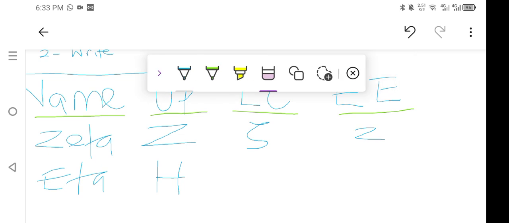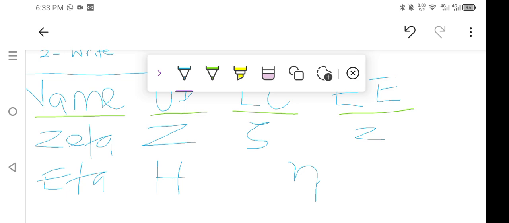So think of the normal letter N, right? The lowercase for eta starts with a curve, and then instead of remaining that way, the right part of the letter goes down a little bit.